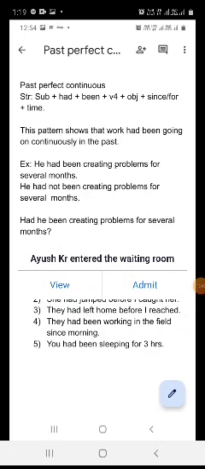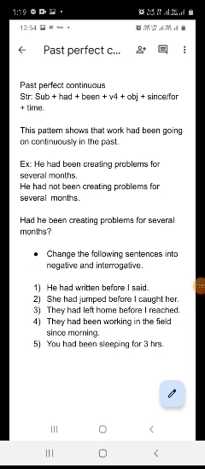January, February, Sunday, Monday, today, tomorrow, yesterday, like that. Okay, very good. Please give me some examples of for also. 2 hours, 3 hours. 4 o'clock.